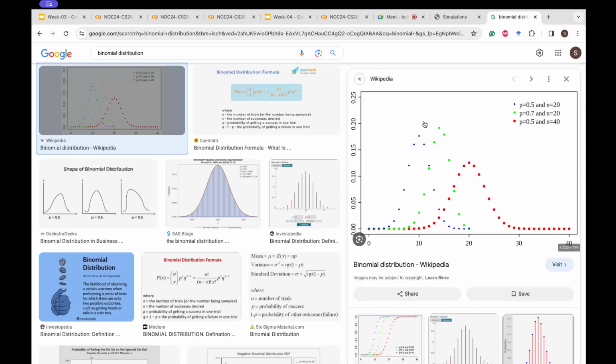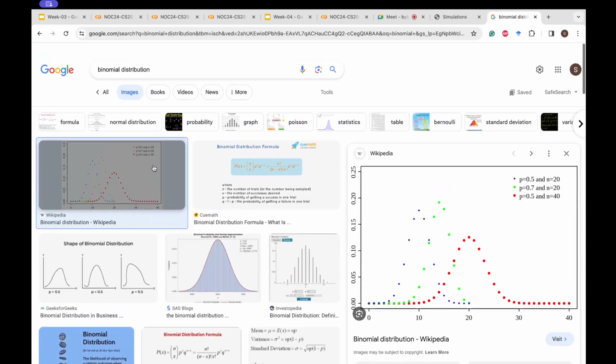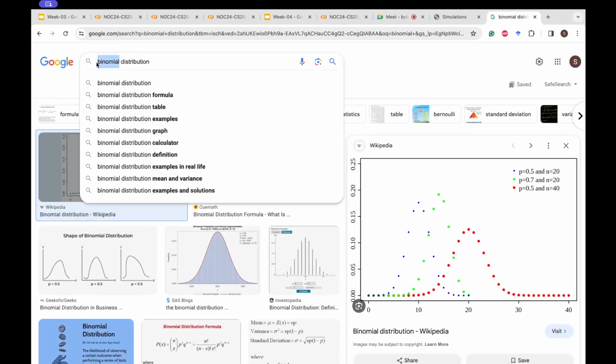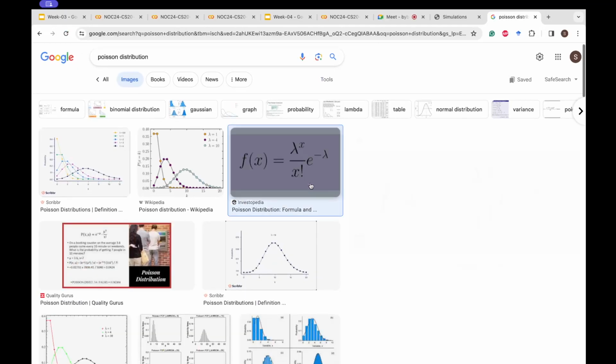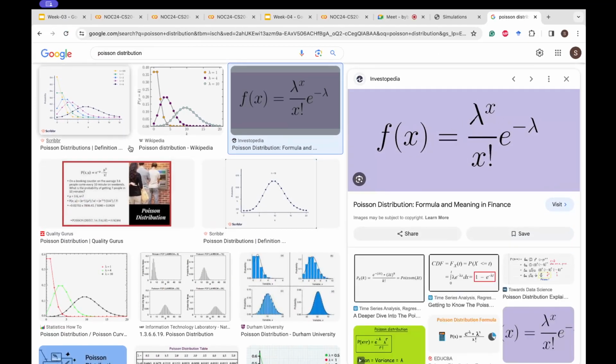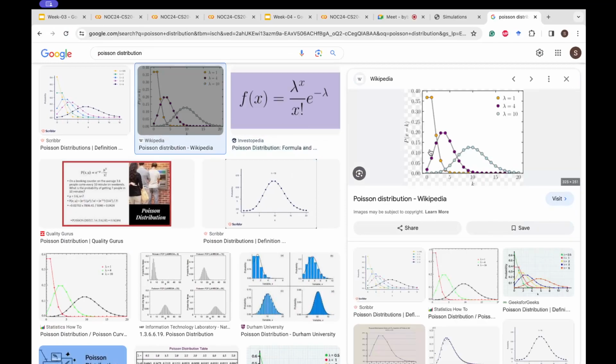It changes with parameters like the p value and the sample size. Now let us see Poisson distribution. You can see that its shape also changes with the value of the parameter lambda, and lambda is nothing but an average computed over a longer duration.